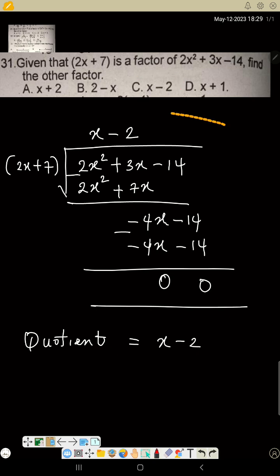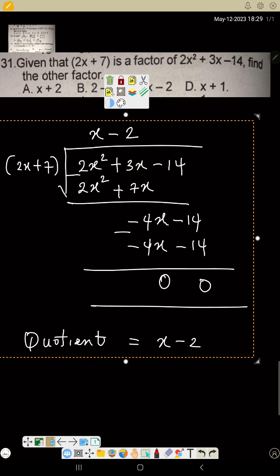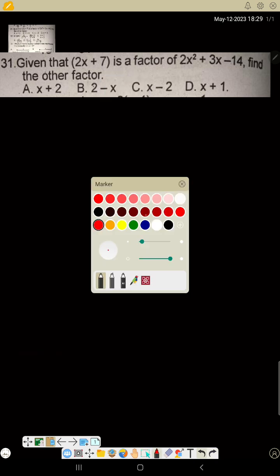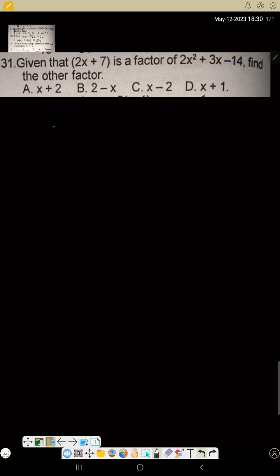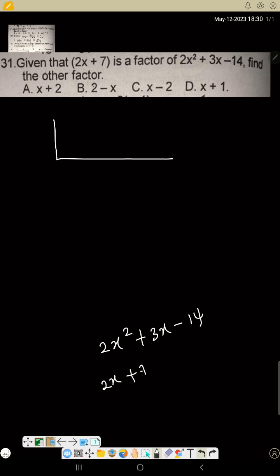If you don't do it like this, you can also use synthetic division. Let's say we have this. Now the question is 2s squared plus 3s minus 14, and the factor is 2s plus 7. Now make this factor equal 0, then find s.